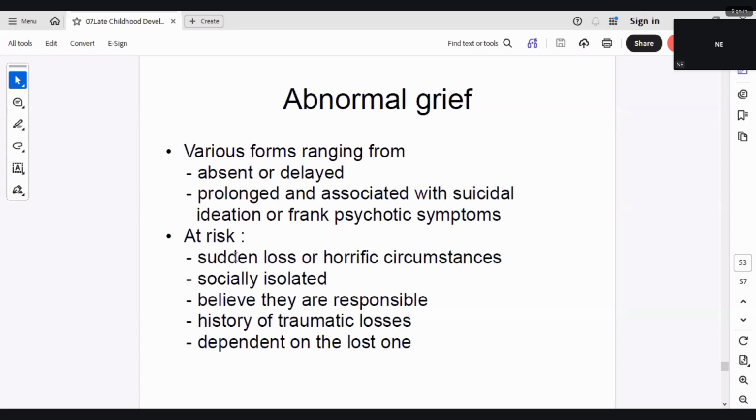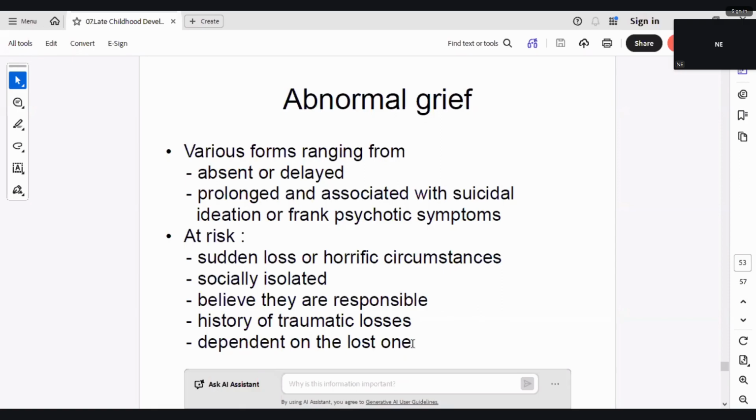People at risk of experiencing abnormal grief: if the loss is sudden or horrific, for example, they were burned, or it was a drowning. If it's a horrific circumstance, if the person left behind is socially isolated, if they believe that they're responsible, if they've had a history of traumatic losses in the past, and if they're very dependent on the lost one.